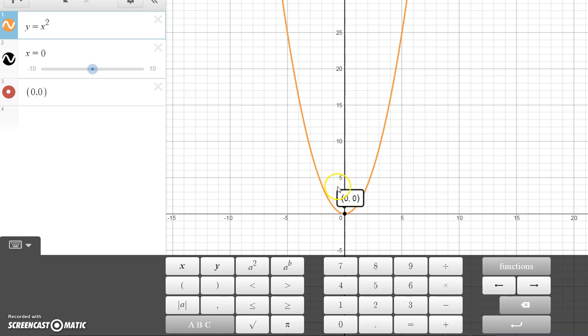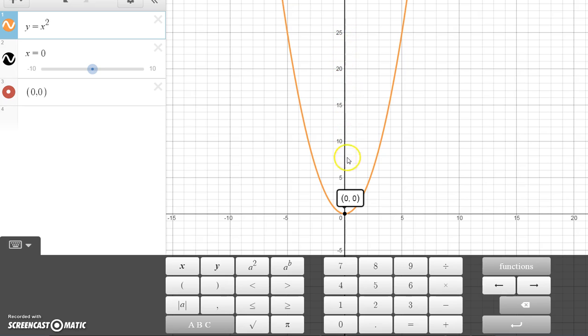Now a parabola always has symmetry, so a parabola is always symmetric about some vertical line. Well, when I say parabola, I'm talking about a quadratic function, so I'm talking about a parabola that opens up or down. So these types of parabolas will always be symmetrical about a line.